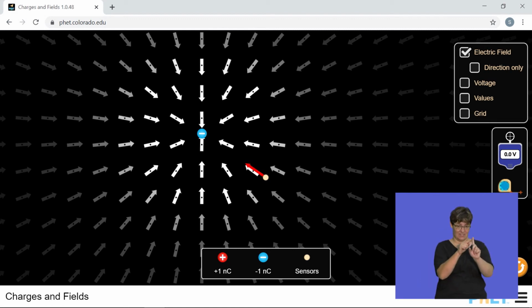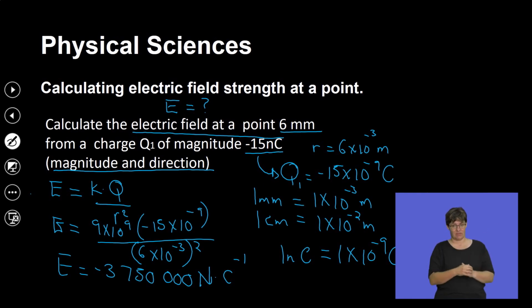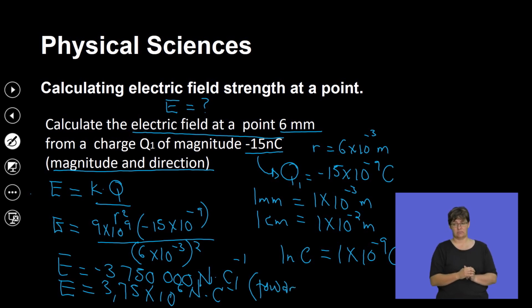So that negative is for the direction. If we quickly go back to our calculation, our E is equal to 3.75 times 10 exponent 6 Newtons per coulomb, towards Q1. So the direction is towards Q1, okay?